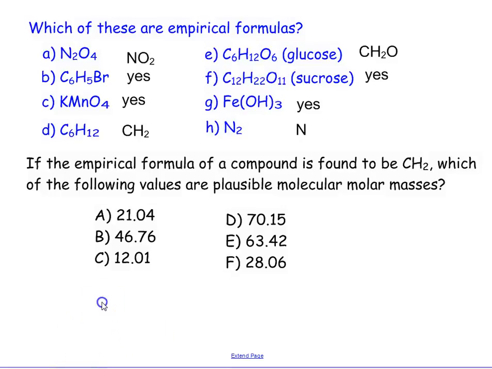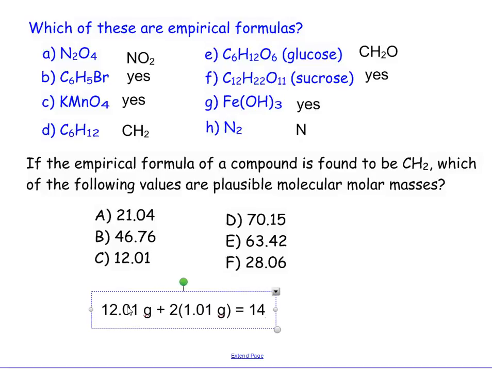One of the things you should have seen is that the molar mass of CH2 is 12.01 plus 2 times 1.01. So that's 14.03 grams. So any number in here that is a multiple of 14.03 grams will work.